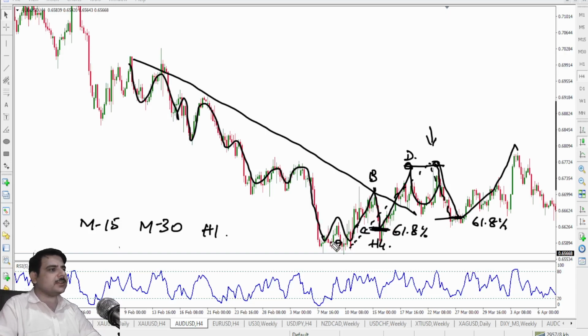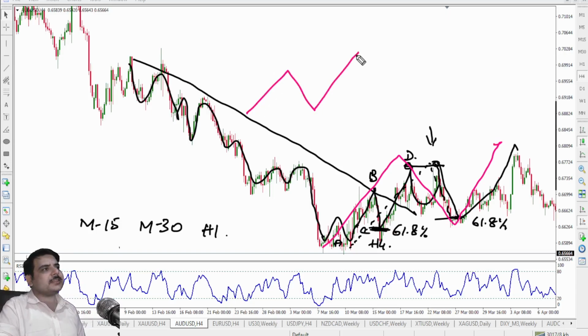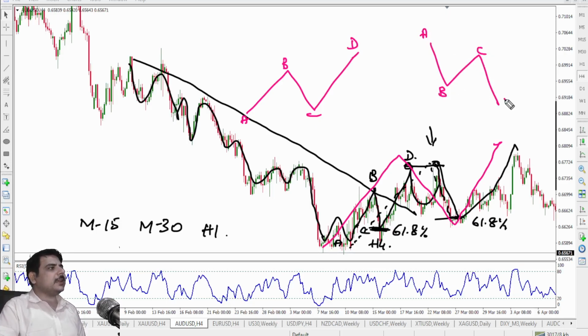Let me change the color. It will be something like this, another ABCD pattern. Now just have a look at it. What I just said is that you need this pattern to identify and predict as well. A, B, C, D, this is the bullish and that is the bearish. A, B, C, D. And I will be showing you this right now. Have a look at it right here.